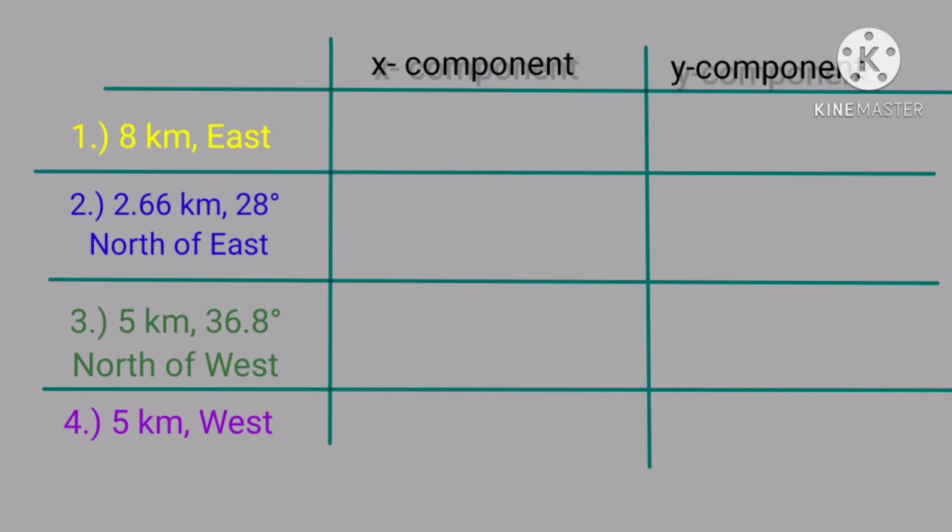Because there are many vectors, we need to organize our data into a table with the x component and y component. For our first vector, 8 km is headed toward the east. We have 8 km for the x component and 0 for the y component. For our second vector, 2.66 km, 28 degrees north of east, which has both x and y components, we will need a different approach.